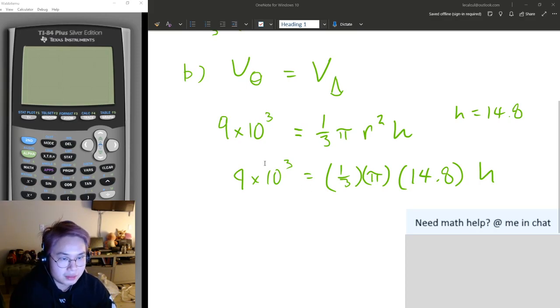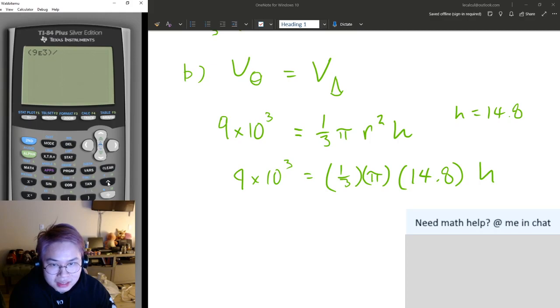Let's see. We take this, and then we're going to times it by 3, divide by pi, divide by 14.8. So 9, and then where's the button? Second, E3. So take this. Divide it by pi. Where is pi? I'm blind. I cannot find pi right now.